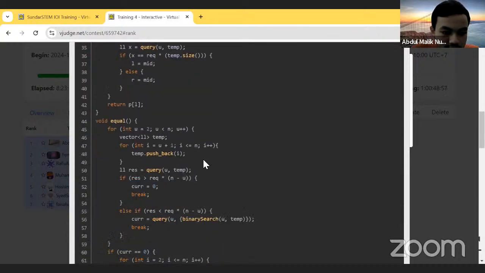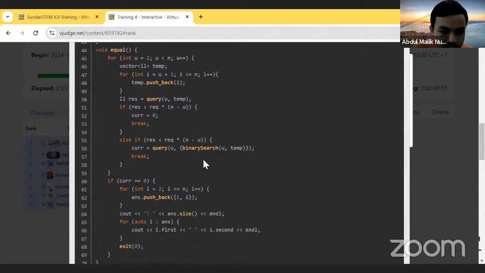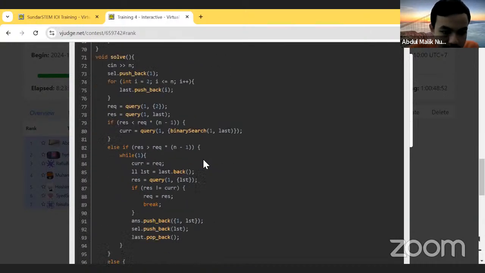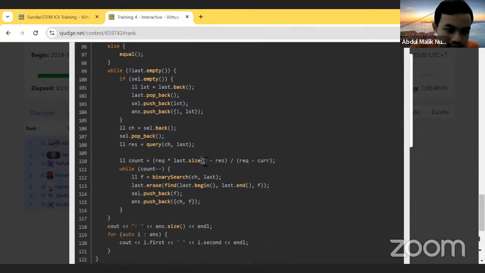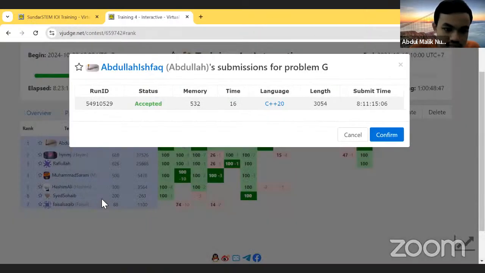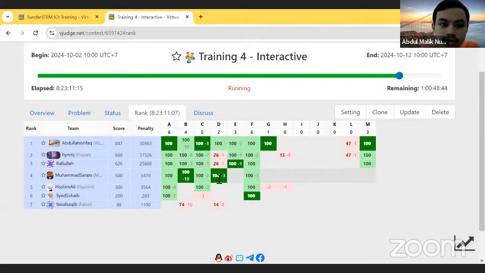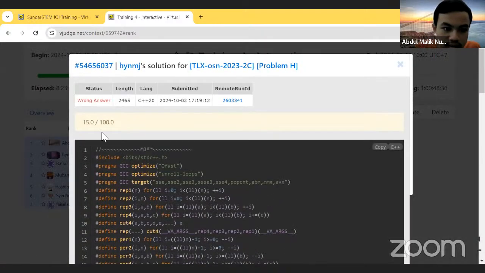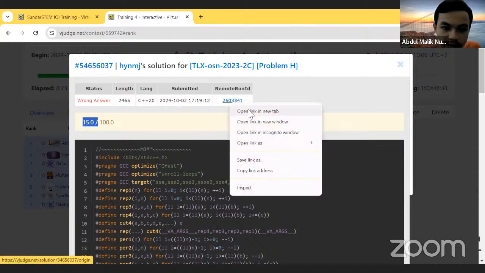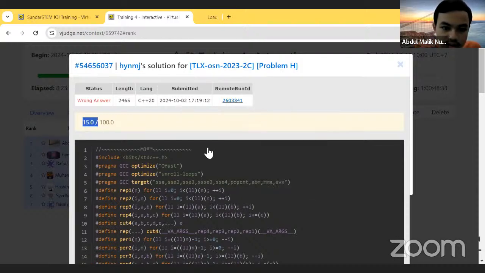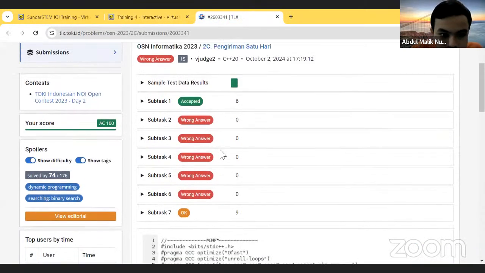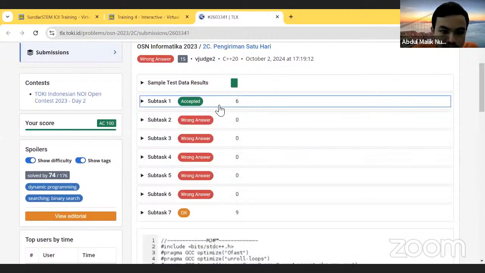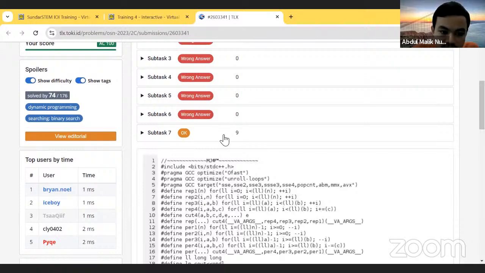I think this is slightly harder. And then in problem 8, you got 50 points. Yeah, Hyan got 50 points, right? Got accepted in the first subtask and partial points in the last subtask.